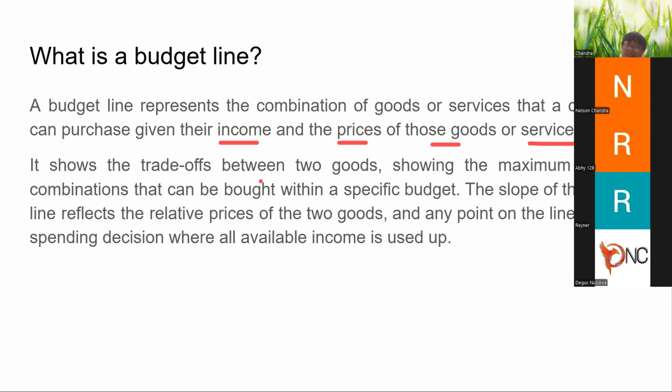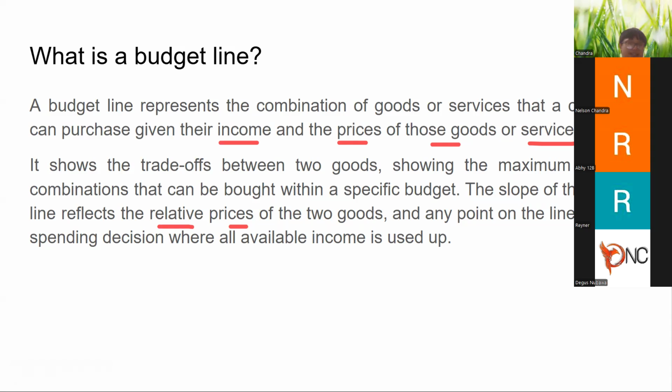Trade-off between two goods. Maximum possible combination that can be bought with a specific budget. With the budget that you have, how many goods A can be bought and how many goods B can be bought? What are the combinations of goods that can be bought? The slope of the budget line reflects the relative prices of the two goods.